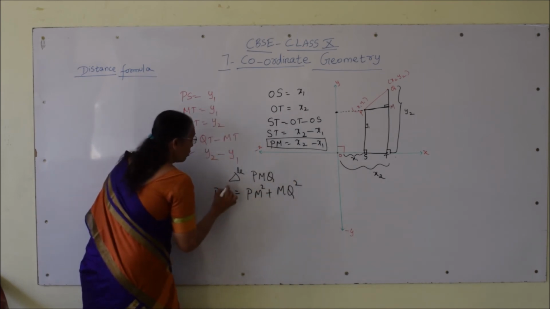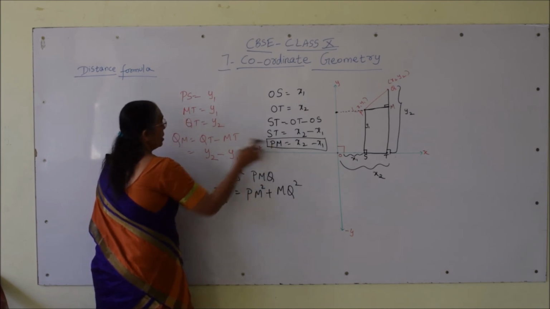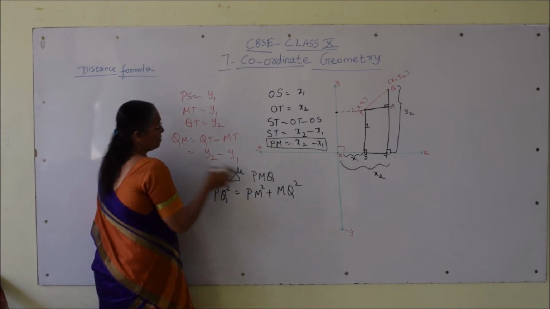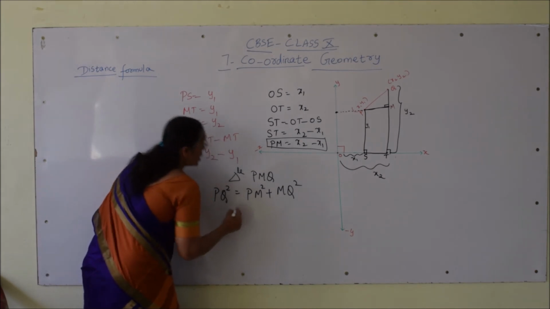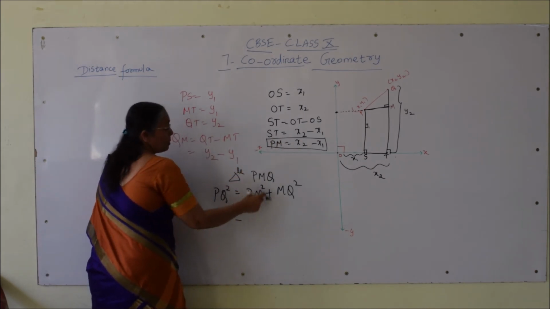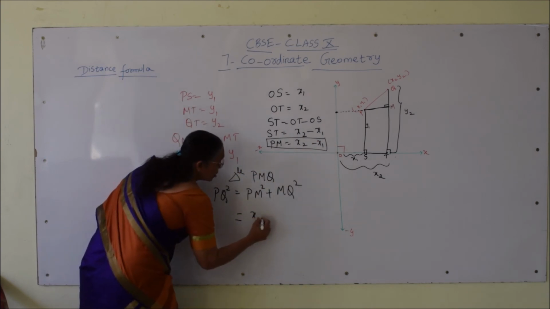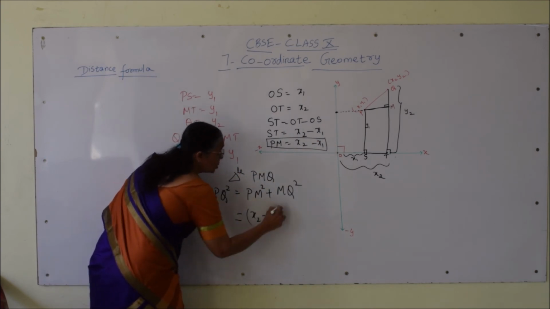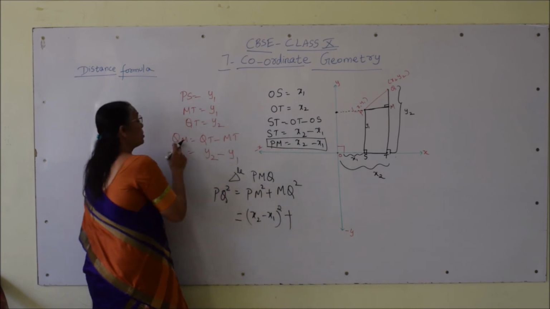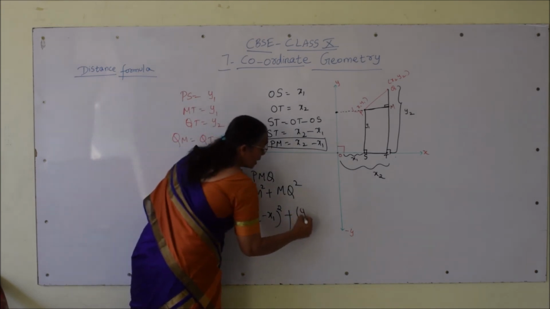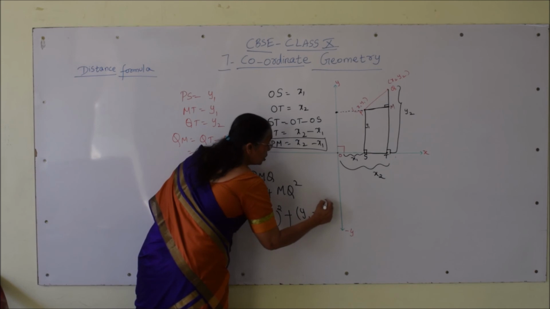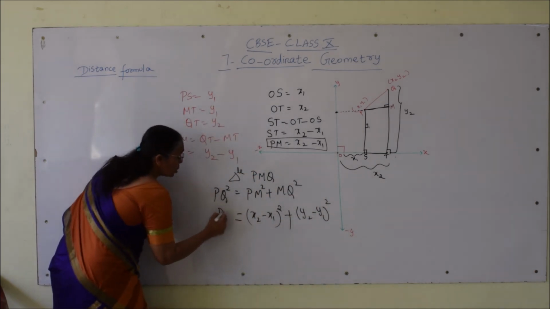So, already we have found PM and QM. PQ square is PM square, which is x2 minus x1 whole square, plus MQ square, which is y2 minus y1 whole square.